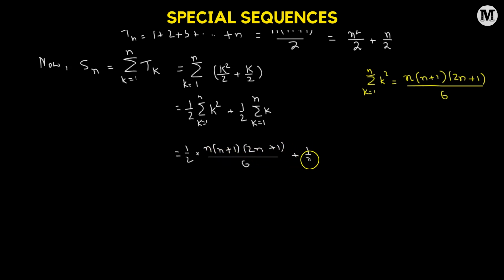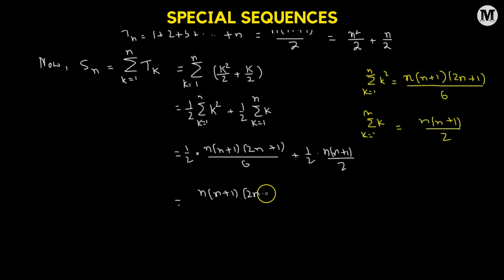This will get added to half times summation of k. Now summation of k with k going from 1 to n, this is the sum of the first n natural numbers. So that's simply n times n plus 1 over 2. So we use this value, we're going to get half multiplied to n times n plus 1 over 2. So that gives us n times n plus 1 times 2n plus 1 over 12 added to n times n plus 1 over 4.